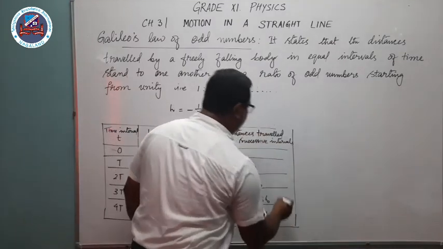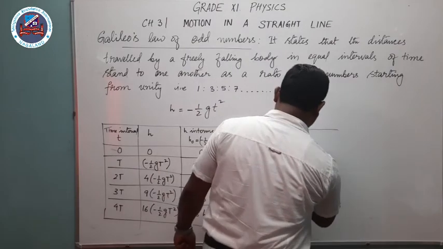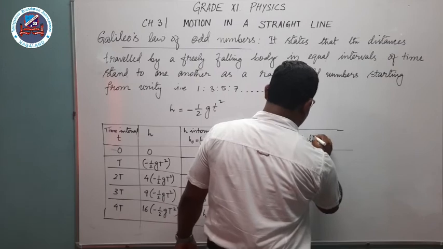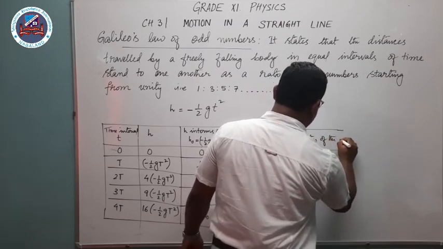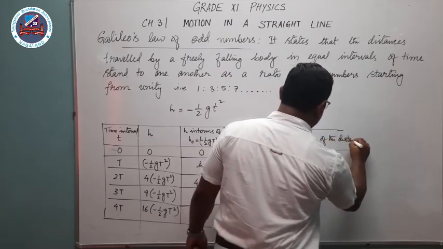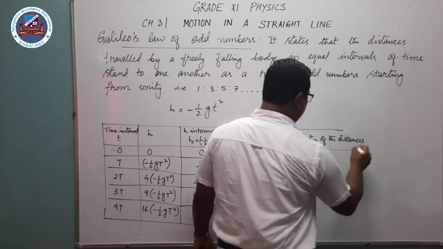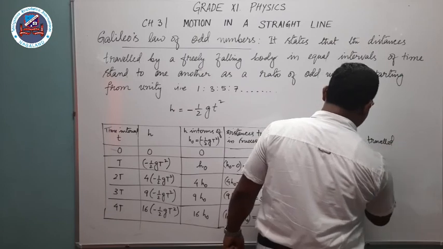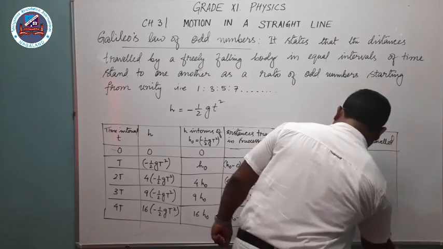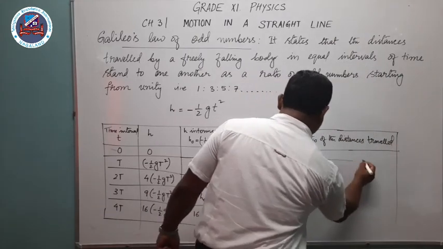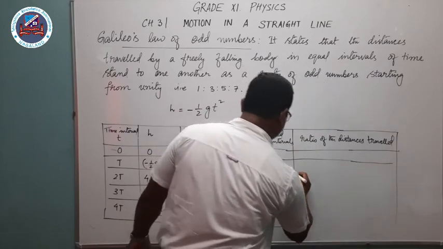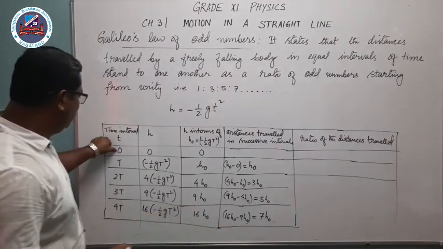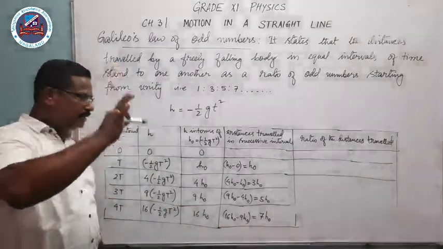Now if you take the ratio of the distances traveled, you will get it like this. In the beginning, no distance is traveled; the moment it is released, it starts from here.